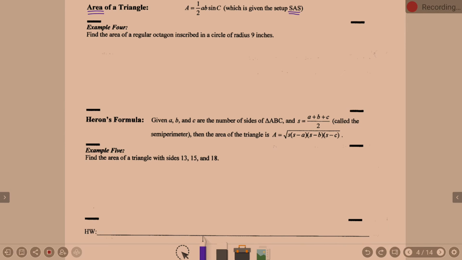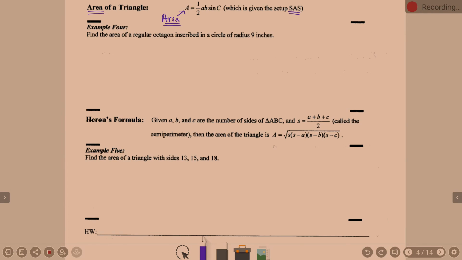Realize this capital A stands for area, not angle A. It's 1/2 times the side, times the side, times the sine of the angle between them.